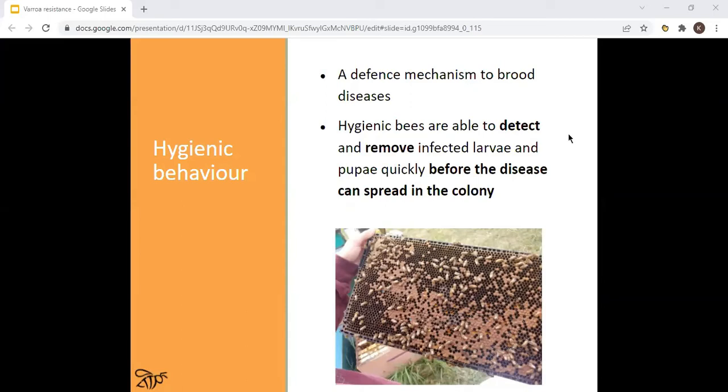And notice I say quickly, so they do have to remove the diseased brood before it's able to spread throughout the colony. So all bees have the tendency to tidy up their hives eventually, but making sure that bees can do this quickly, that is what's going to confer the disease resistance, because they're going to be able to get that out before that pest becomes infectious and spreads throughout the brood area.